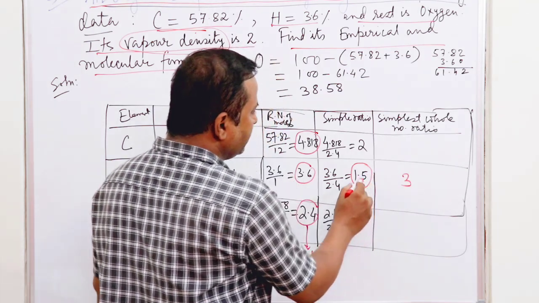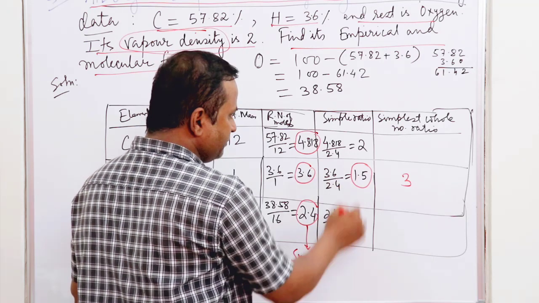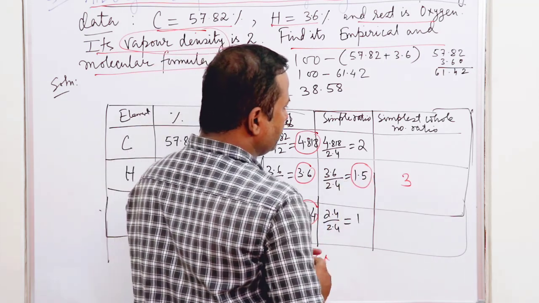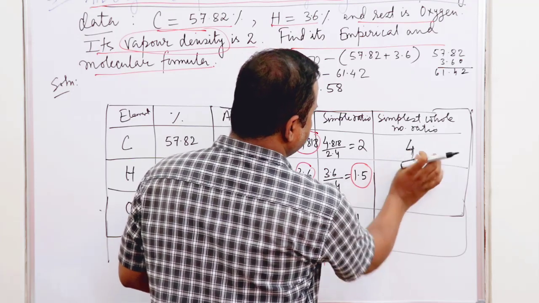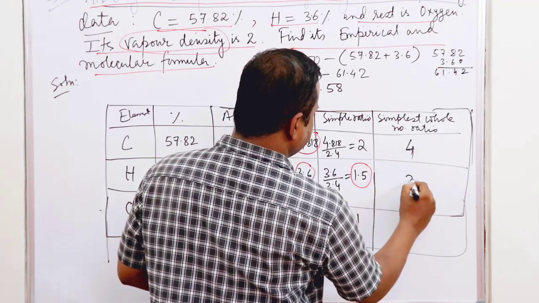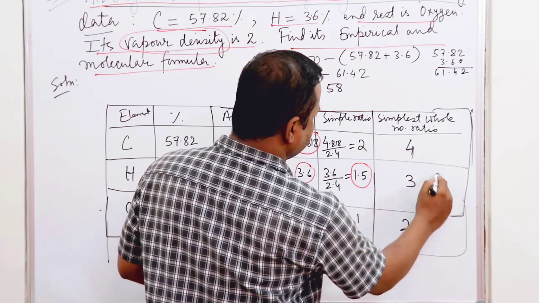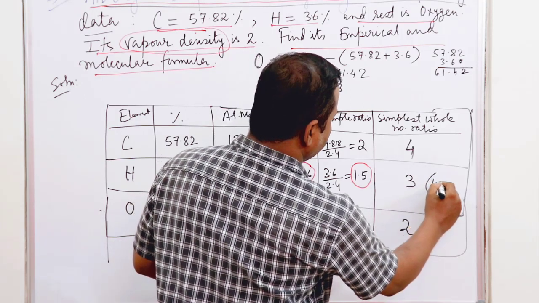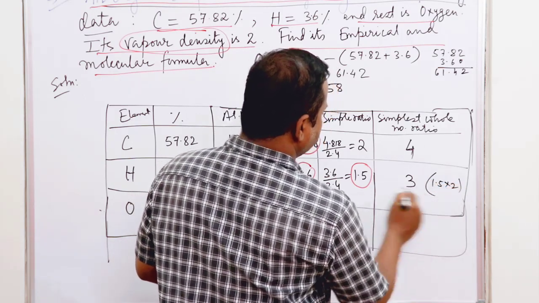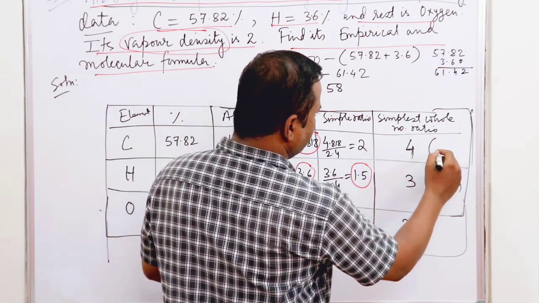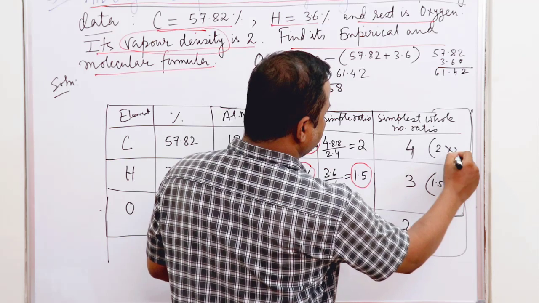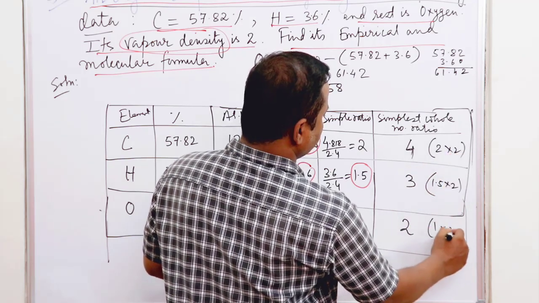Now when we are multiplying one number by 2, we have to multiply the rest of the numbers also by 2. So 2 2s are 4, this is 3, and this is 2. Because it is a fraction, we have to change it into a whole number: 2 into 2, and this one is 1 into 2.